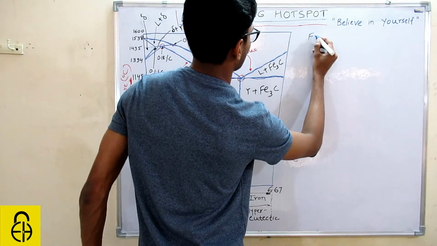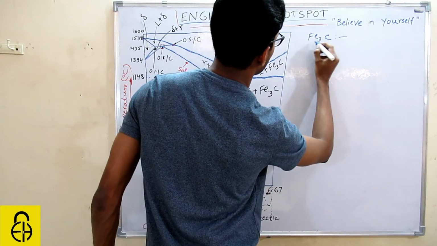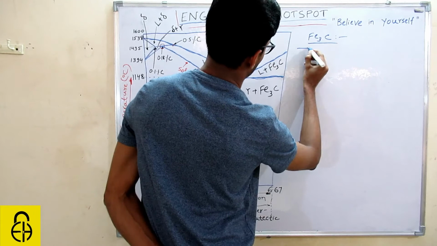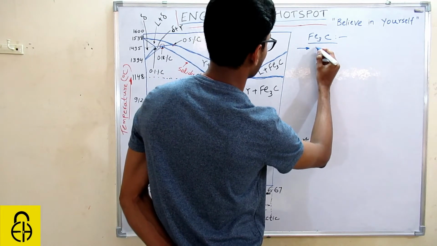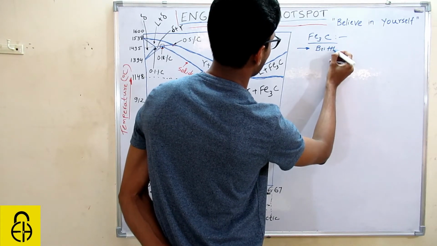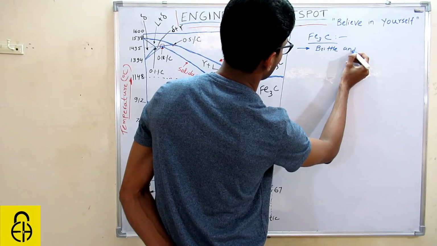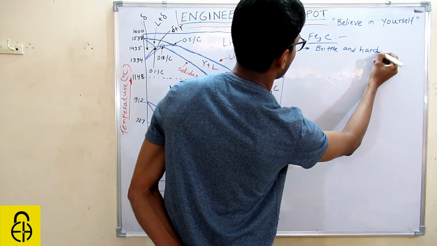Now coming to Fe3C, okay? First I would like to say some of the properties. It is very brittle, and hard also. Why? Because the carbon percentage is very high, okay?